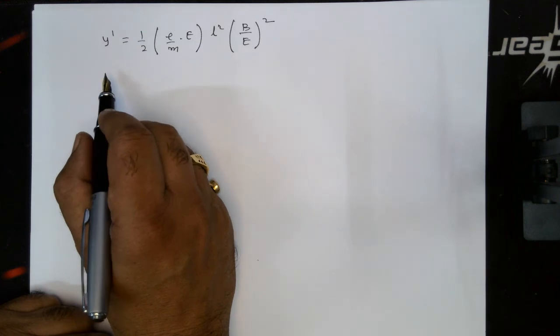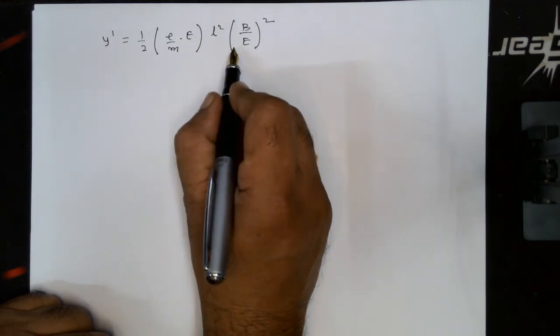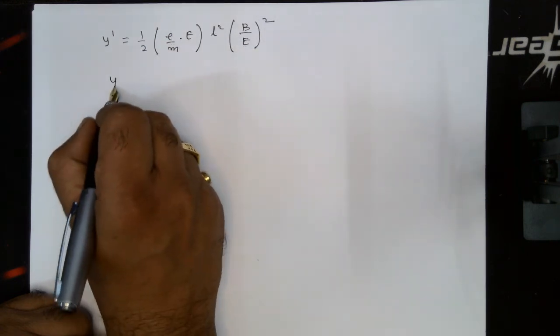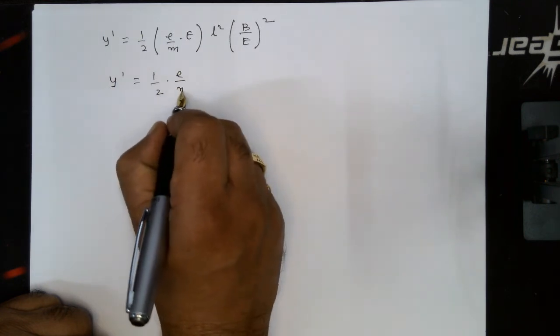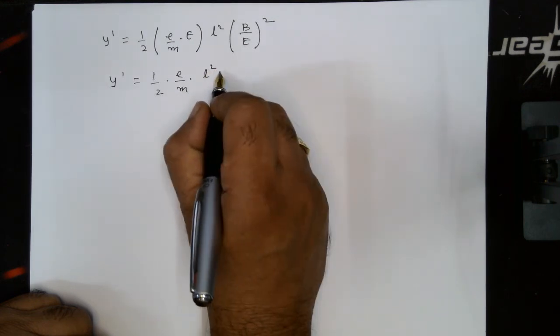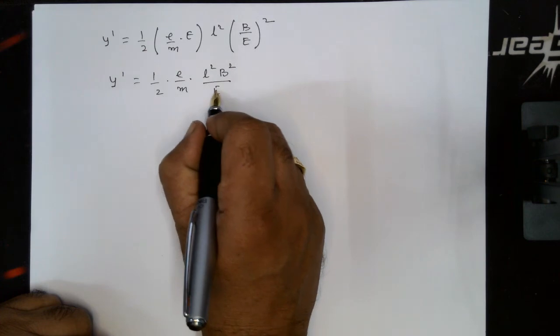Now we can cancel this E and E square. Therefore, y dash is equal to 1 by 2 into e by m into L squared B squared divided by E.